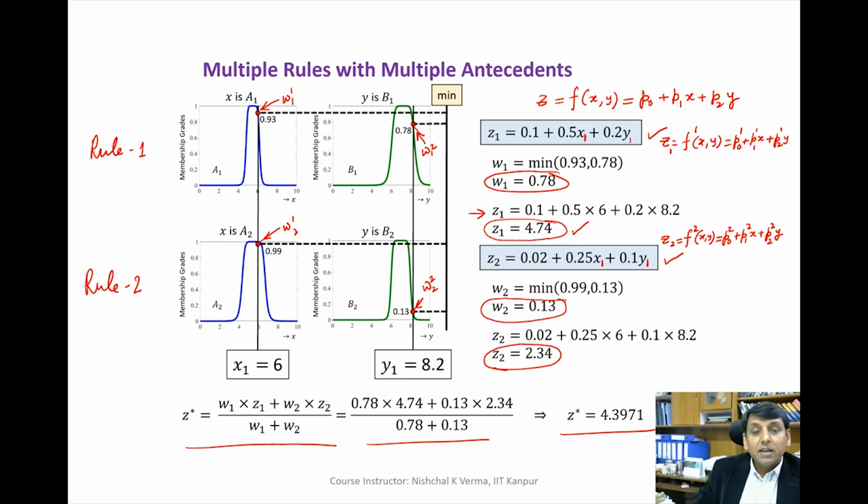So this way, if we have a TSK fuzzy model characterized by a set of multiple rules with multiple antecedents, then we proceed in this manner.